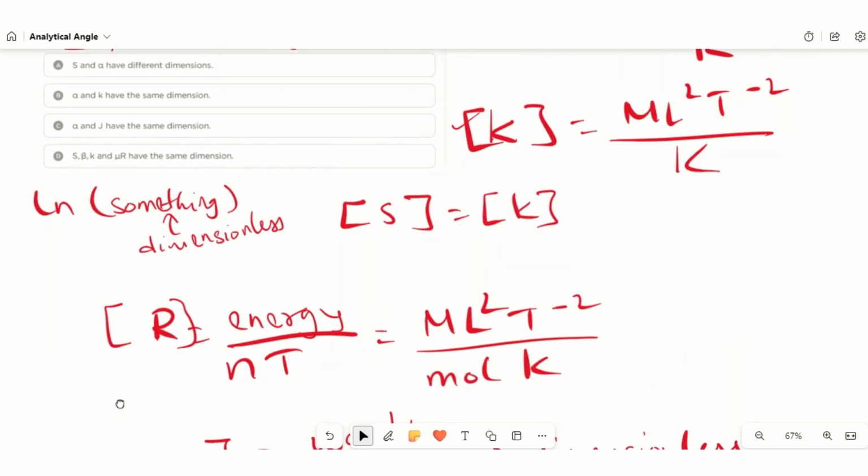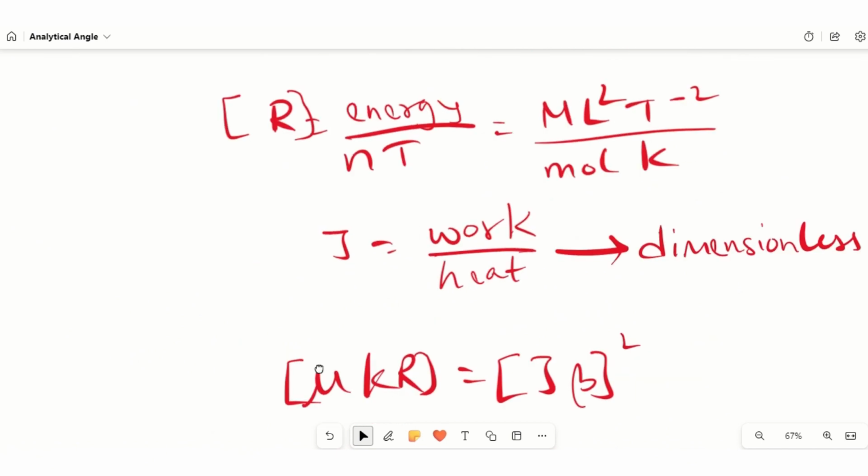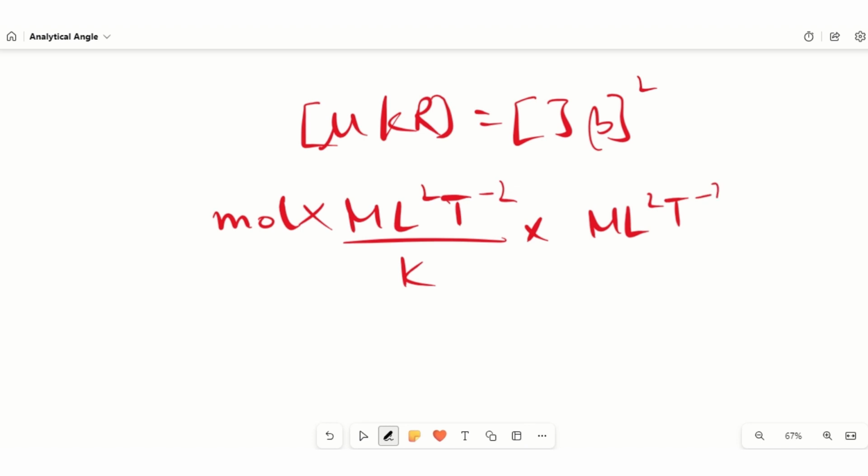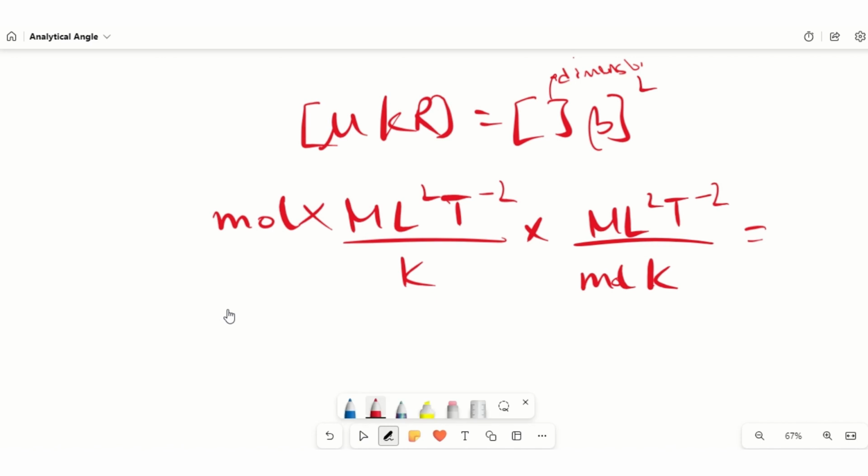K was M L square T to the power minus 2 by K. And R, we found as M L square T to the power minus 2 by mole K. That is equal to, this is dimensionless, as I told you. Okay, let's write it down. Its dimension, this one will be dimensionless.